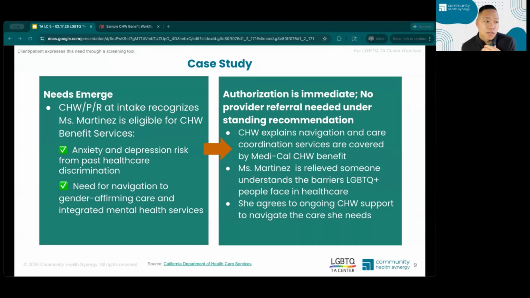If someone exhibits anxiety and depression risk from past healthcare discrimination, that qualifies you for CHW benefit services. If they have a need for navigation to gender affirming care and integrated mental health services, that also provides eligibility to receive CHW benefit services.